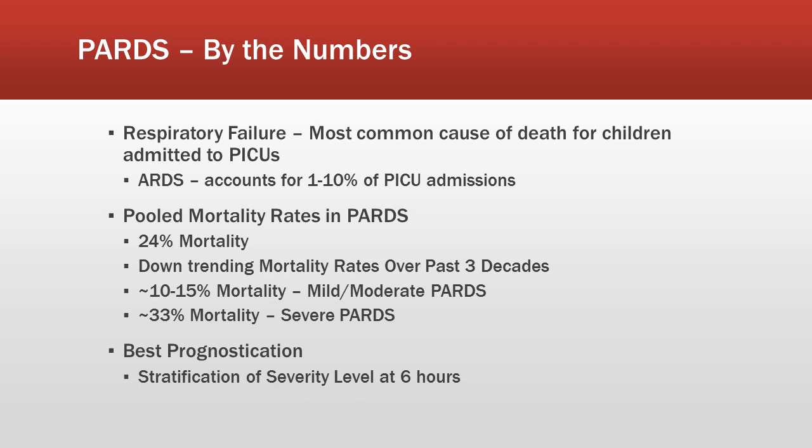But overall, this has been a trend that has been decreasing, especially over the past 3 decades, with better recognition of the disease and better management strategies that are being standardized across the board. The best prognostication really for how a patient's going to do with ARDS comes from a 6-hour stratification of severity level. These are all numbers that we'll dive into later on in the presentation.